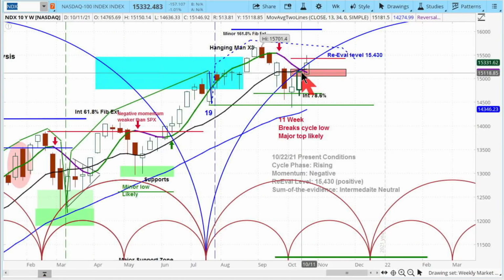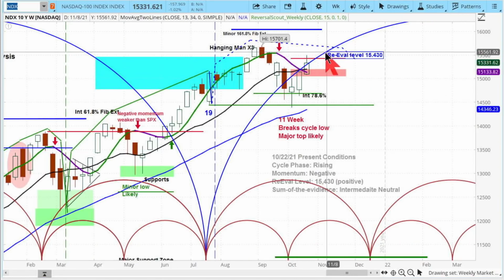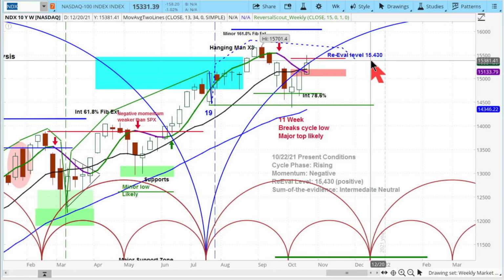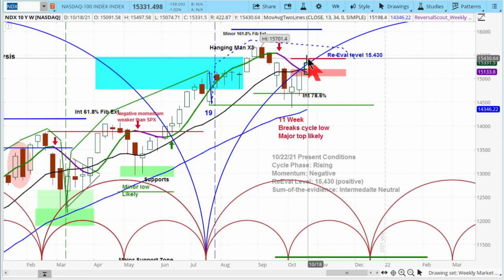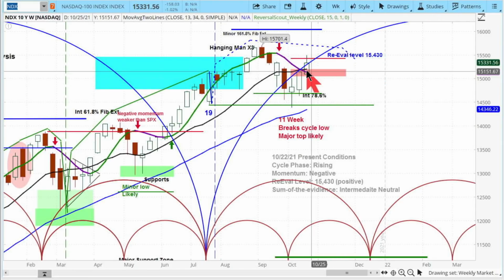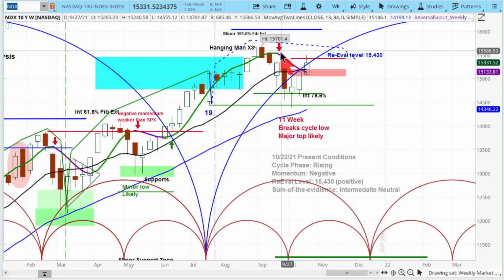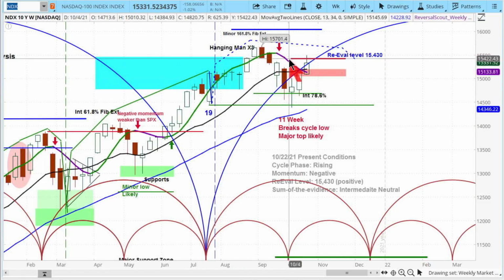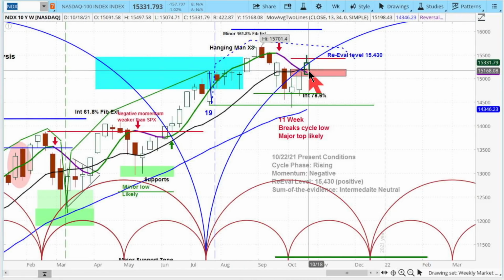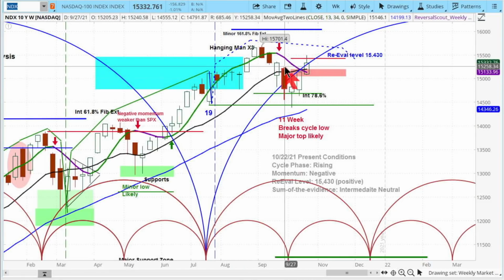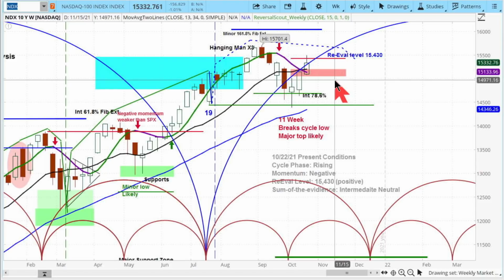We could see the rally going right here, but it tried to get through that reevaluation level and was not able to. So that is a sign of something there. In addition, momentum, which turned negative right over here and brought this correction, is still negative. So that says to us that the conditions in the Nasdaq are weaker than the conditions in the S&P 500.